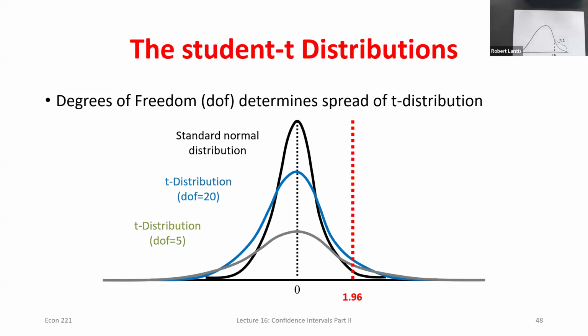If I have a student t distribution, and I'm going to really draw this exaggerated, so it's not really this different, but here we go. Let's say this is my student t, and maybe it's because I only have a really small sample size, and then the black one was our standard normal distribution. If I use that same value of 1.96, so if I go 1.96 standard deviations above the mean, what's the probability I see something 1.96 standard deviations above from a student t distribution?